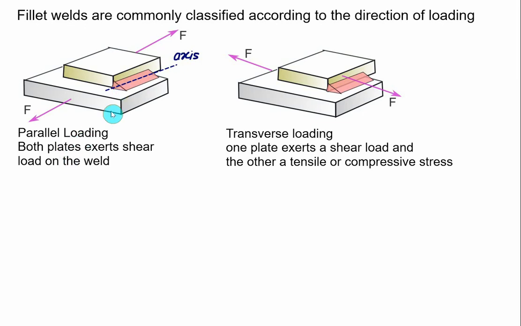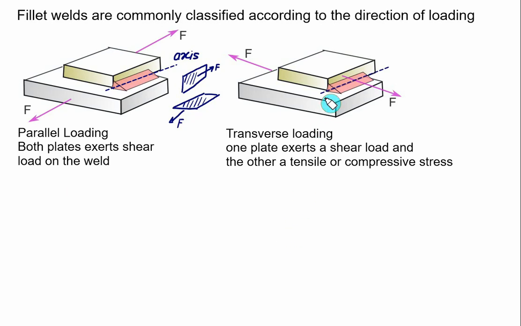On the bottom area the force F acts, as well as on the side area. When the force and area are parallel to each other, shear will be developed. So in parallel loading, both plates exert a shear load on the weld.